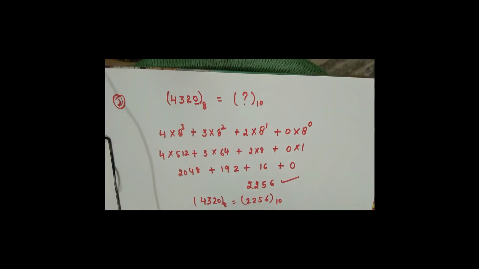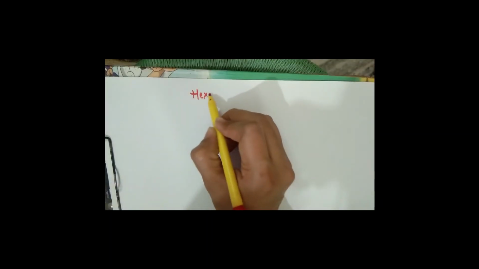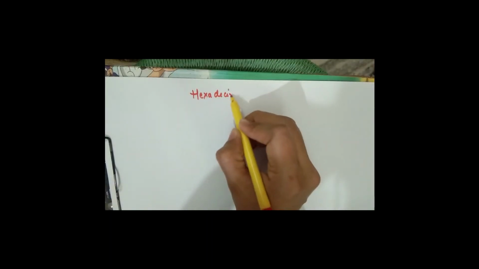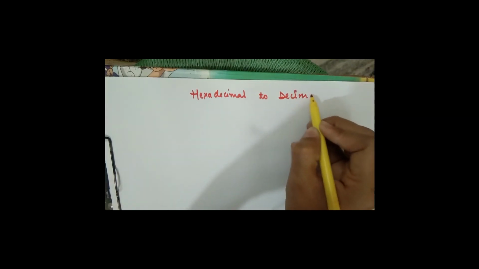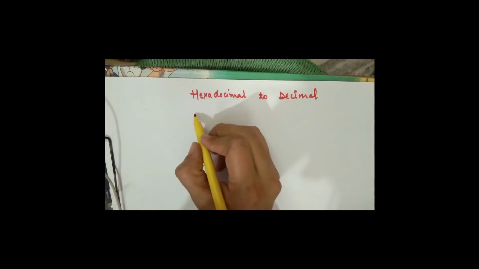Now let's also learn how to convert hexadecimal into decimal. Before that, tell me, hexadecimal number, how many digits will it contain? 16 in total.